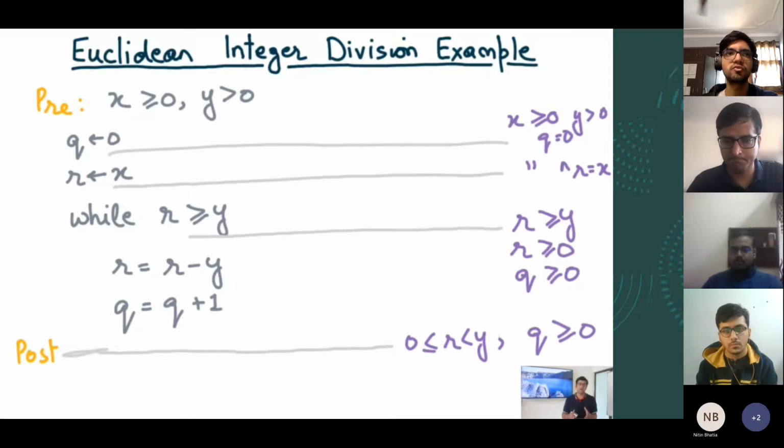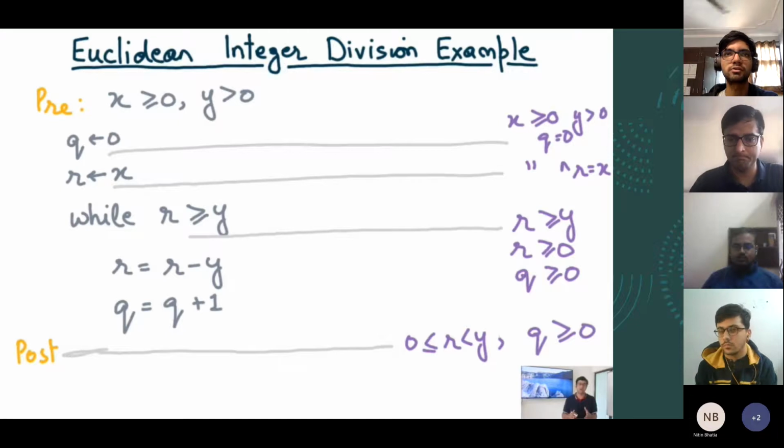When we enter the loop, we may reach the start of the loop either after several loops or when we enter it for the first time. So clearly, r will be greater than or equal to y because the condition of the while amounts to true.